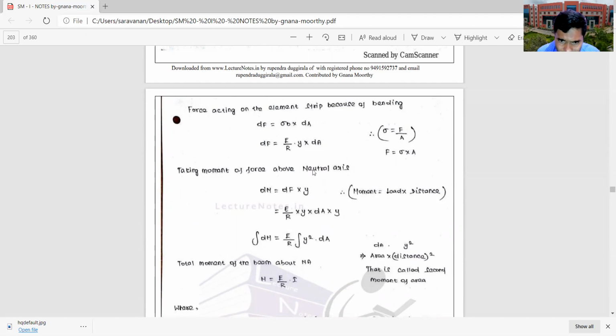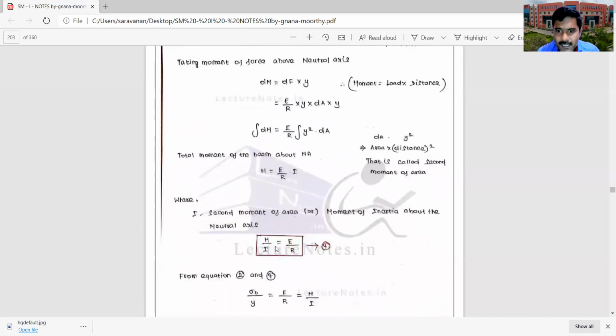Now this is a differential of M. If you want to remove the differentiation, you have to integrate both sides. So the integration of dM will be equal to E by R into the integration of y square dA.